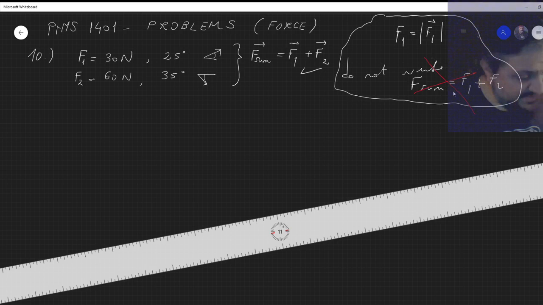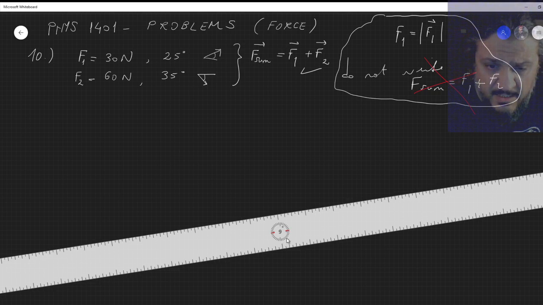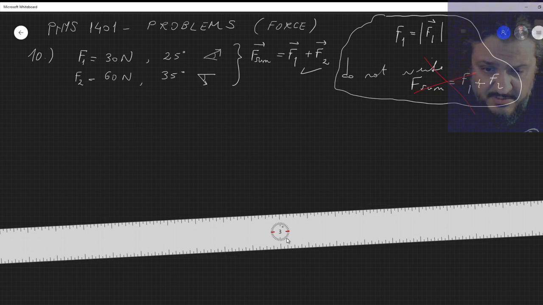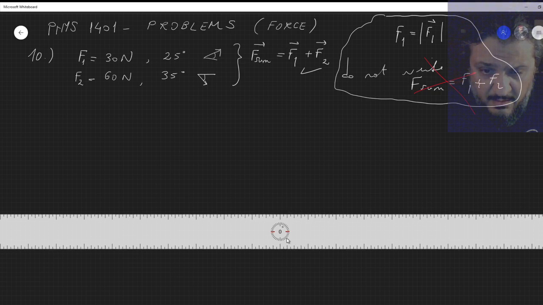So this is about the graphical addition of these vectors. We use the graph paper, ruler, and protractor. Let's start with the horizontal. They mention a horizontal line, so let's start with drawing a horizontal line. Here's 0 degrees. Let's use red, okay, red is fine. This is the horizontal line.